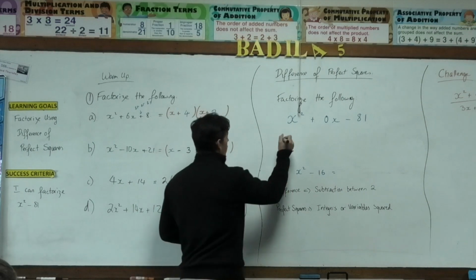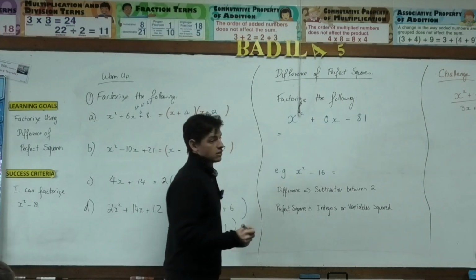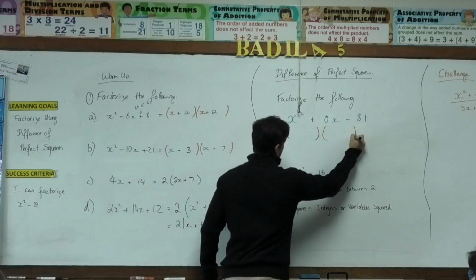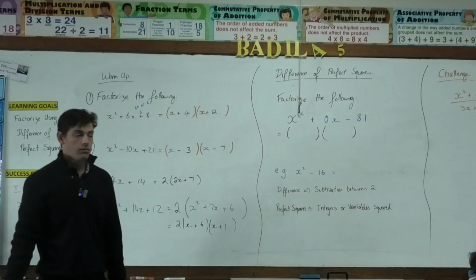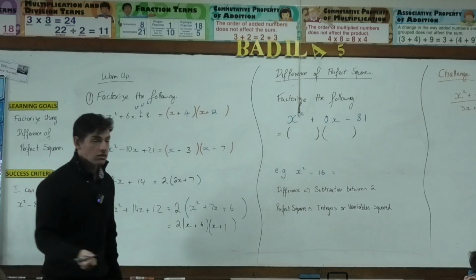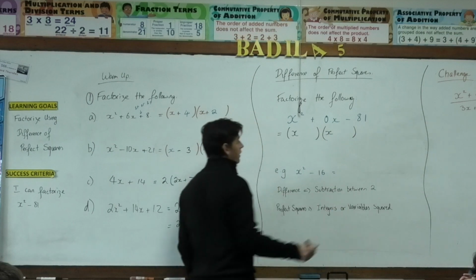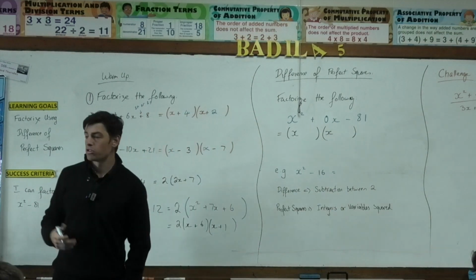So below, I'd follow the same processes. I'd go up a set of brackets, correct? I'd do my x's. That's step 1 done. Step 2, I'd say, what signs am I dealing with?